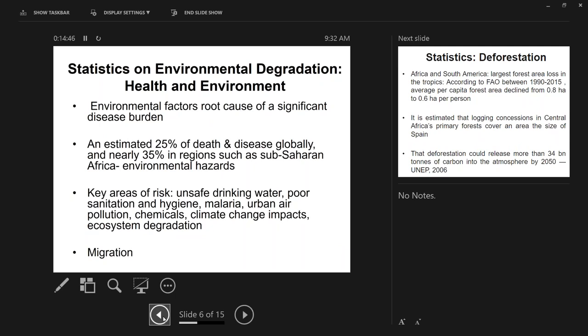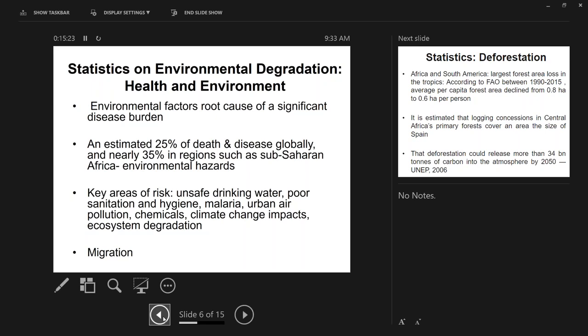The global environment assessment conducted by the United Nations Food and Agriculture Organization (FAO) between 1990 and 2015 reported that Africa and South America have the largest forest area lost in the tropics. Talking about another challenge, which is desertification.